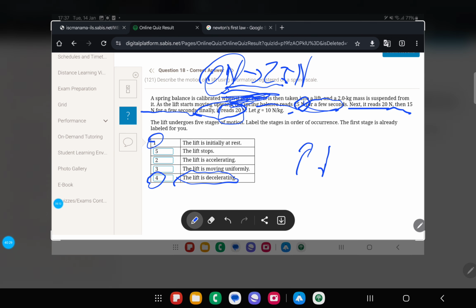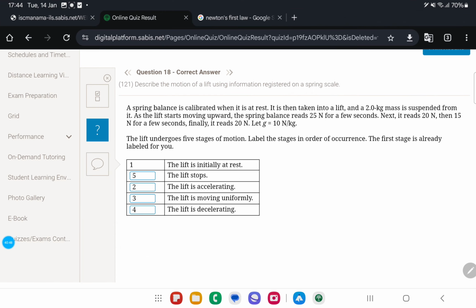Then it reaches 20 Newton, that's uniformly, it's moving uniformly. Then 20 Newton to 15 Newton, it's decelerating. And then at the end, it reaches a final force, so the lift stops. That's it.